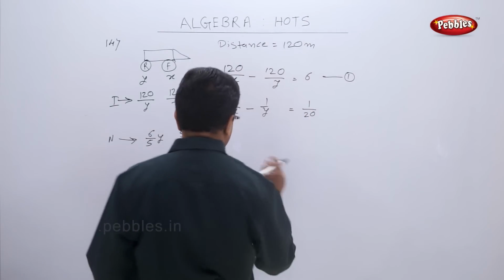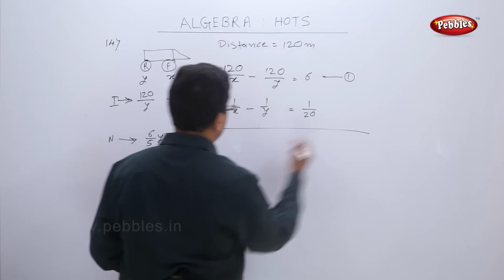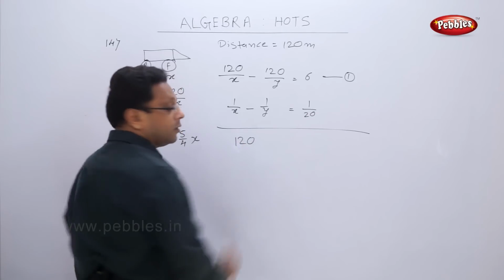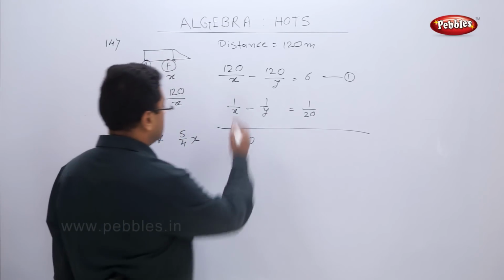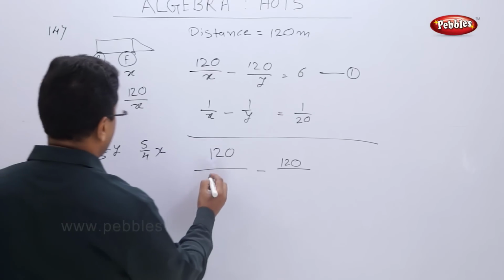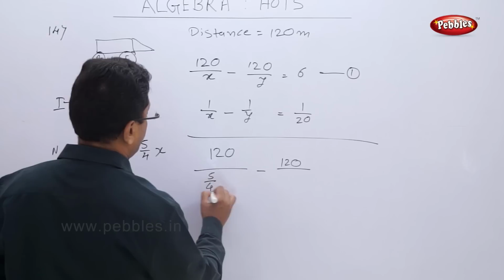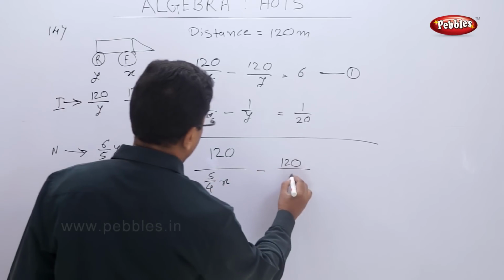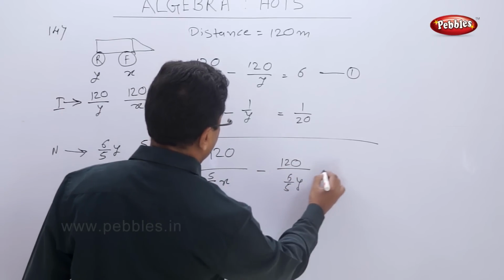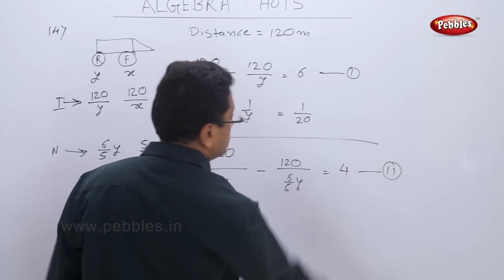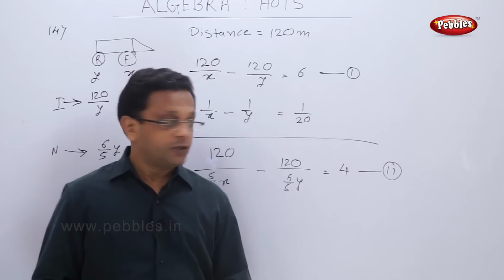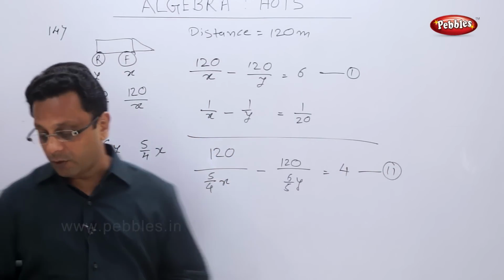So by the second condition, what will we get? The formula is the same, distance upon circumference. So here it is 120 upon 5/4x minus 120 upon 6/5y is equal to 4. This is from the second condition. This is the new condition we have got.